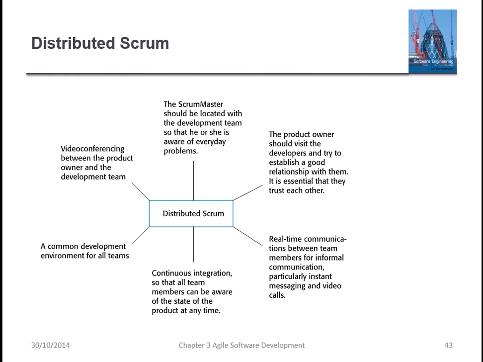So different types of activities or roles are defined for Scrum. For Distributed Scrum: a Scrum Master should be located with the development team so that he or she is aware of every problem, because he is the master, the initiator, and the moderator of this whole process. The product owner, because the product owner role is very important, because the end product is for that owner, and the changes come from the product owner.